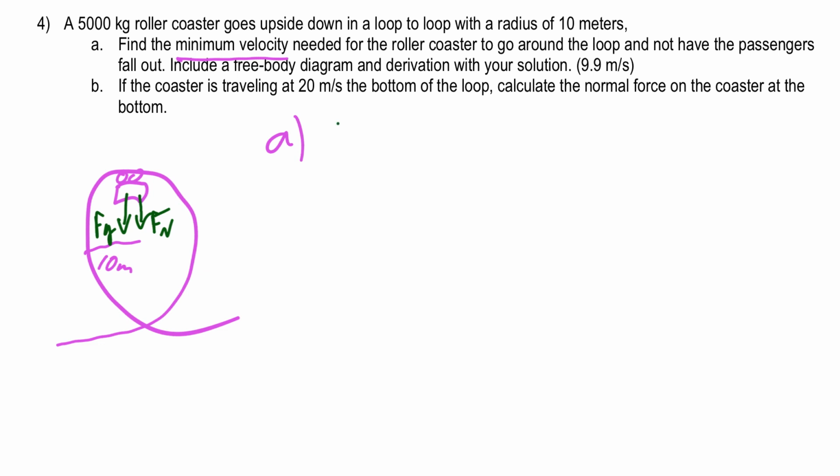So when we do our summation, we are going to have the force of gravity, and I'm going to make it negative because it's down. I'm going to also make the normal force negative because it's down. And then we set that equal to ma. And this is a circular, centripetal a, because we're going in a circle.